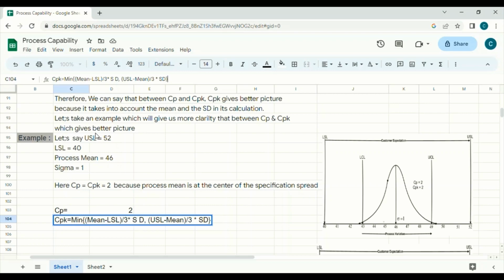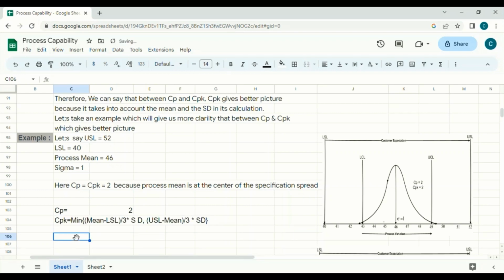This is the value of Cpk. That means we have to calculate CPL and CPU.